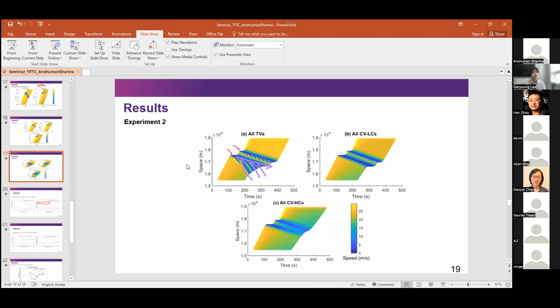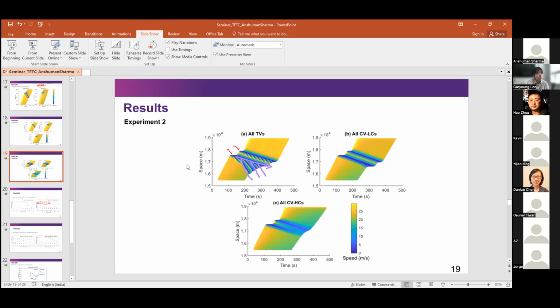But here I'm curious, Anshuman, you see that the CV has the benefit of dampening the disturbances, right? So what kind of behavior did you assume so that they can reduce the time headway? In IDM, the time gap parameter is larger for low compliance and high compliance drivers.